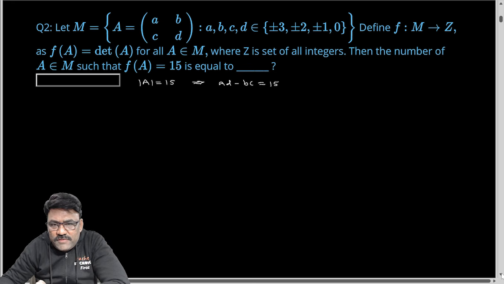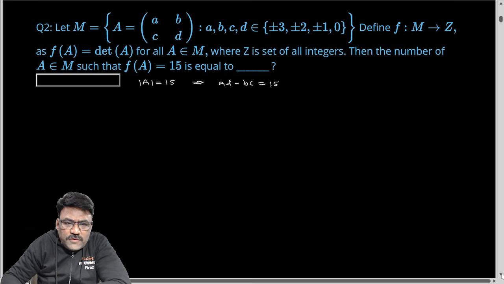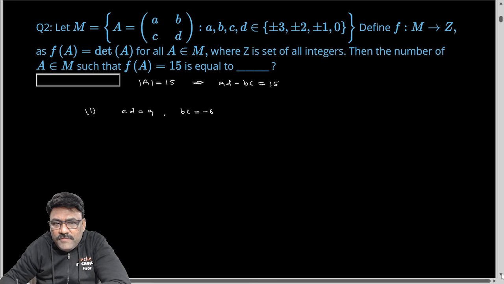And each of the elements A, B, C, D is taken from this set. So what are the possibilities? How can the determinant be 15? The first possibility is if AD is 9 and BC is minus 6, then the difference will be 15.